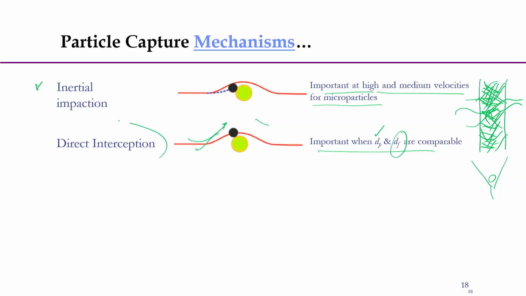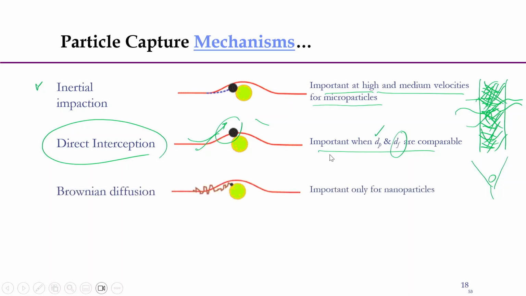Direct interception is possible where the particles should reach a position where the size of the pore is equal or smaller than the particle. So, there only it will get entrapped.